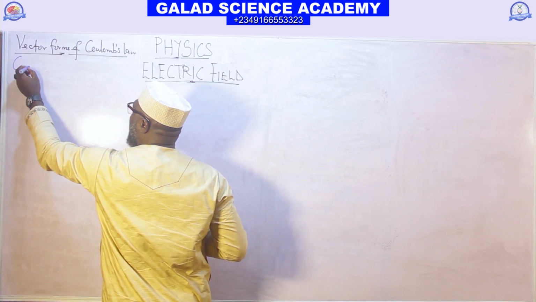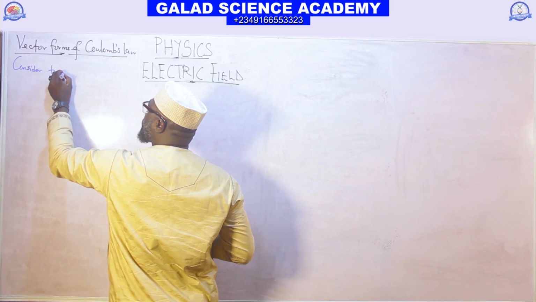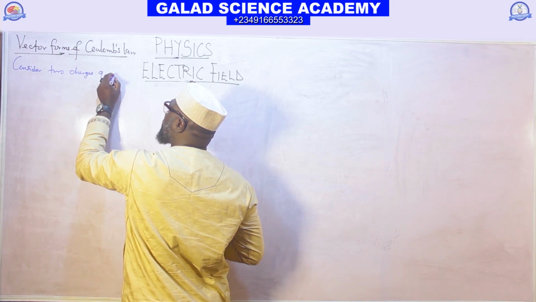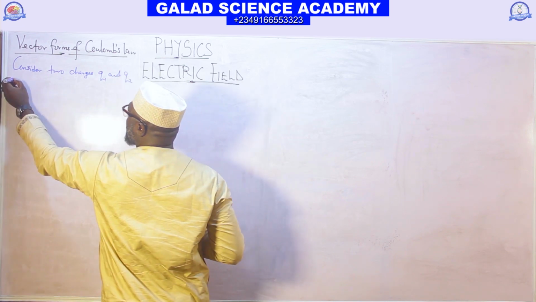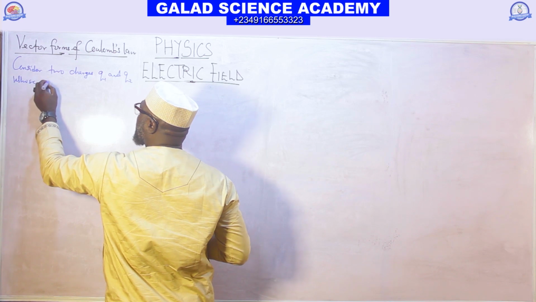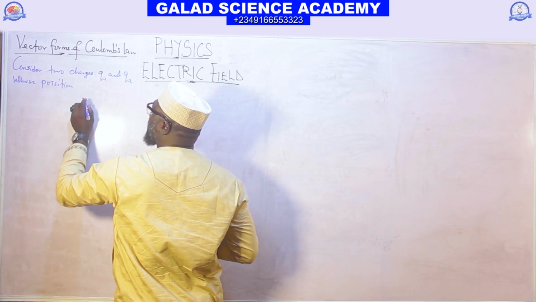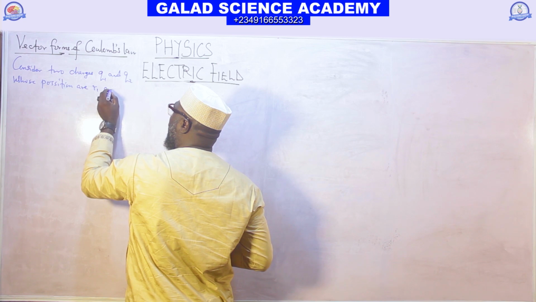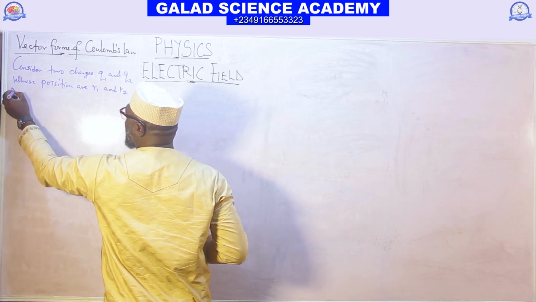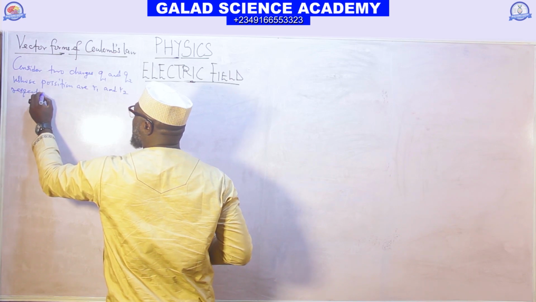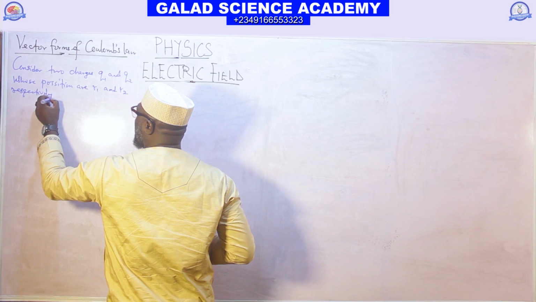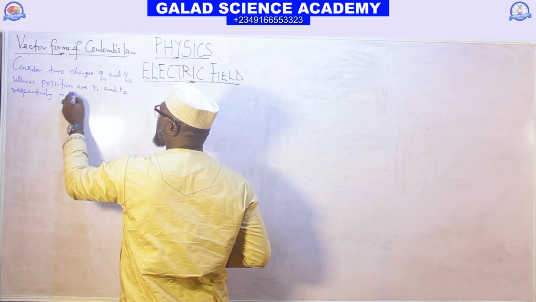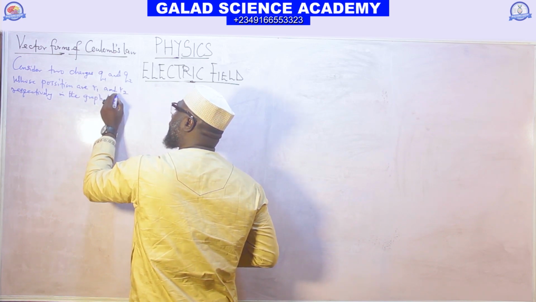Consider two charges Q1 and Q2 whose positions are R1 and R2 respectively in the graph below.